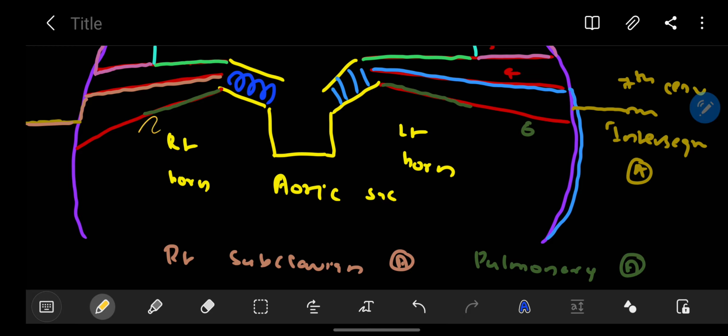The right sixth arch artery, distal part, will degenerate.